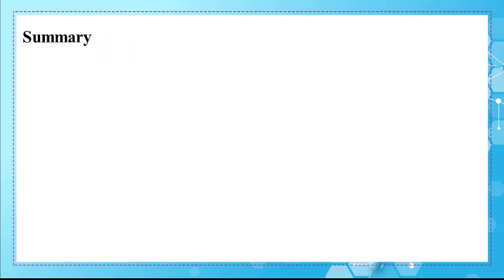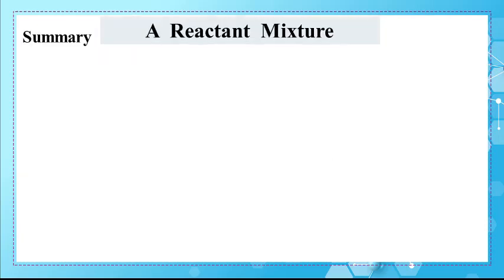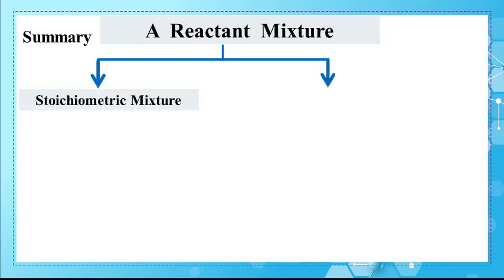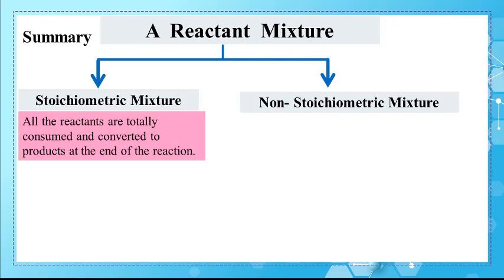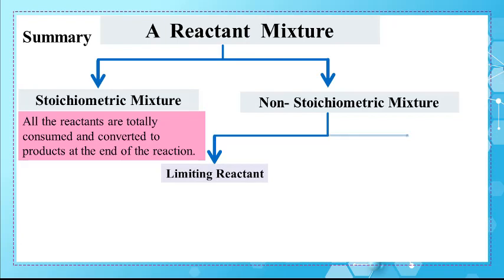To sum up, a reactant mixture could be either a stoichiometric mixture or non-stoichiometric mixture. In a stoichiometric mixture, all the reactants are totally consumed and converted to products at the end of the reaction. However, in a non-stoichiometric mixture, we have a limiting reactant and an excess reactant.